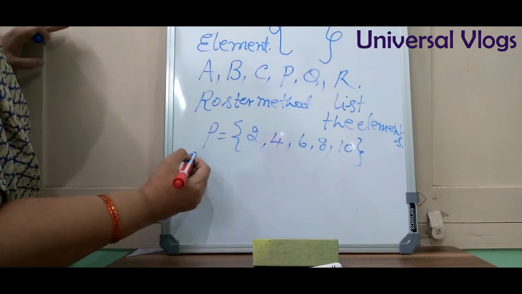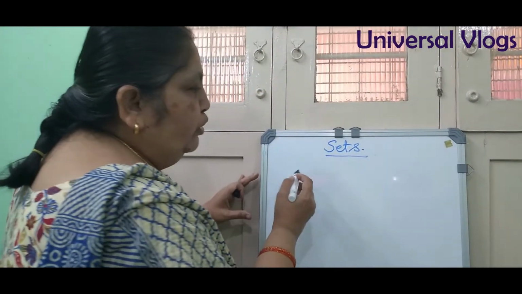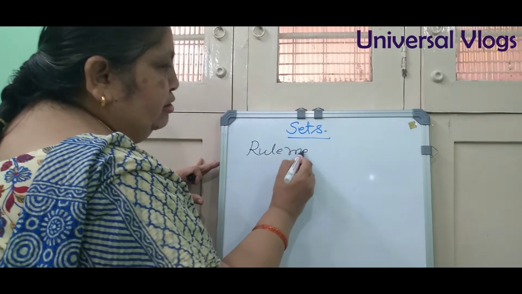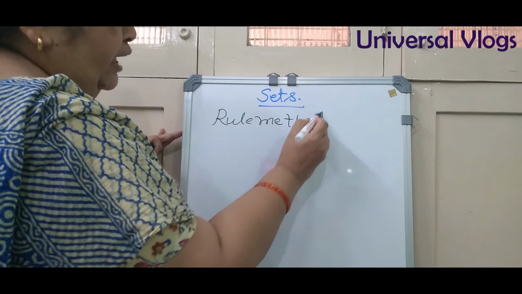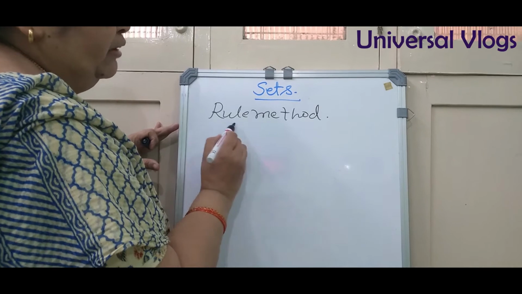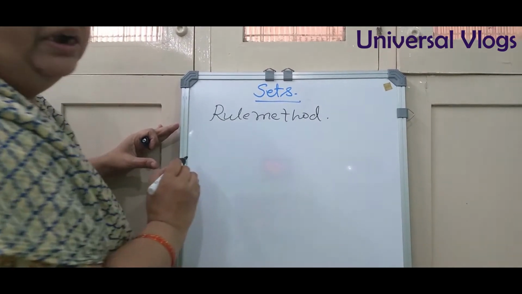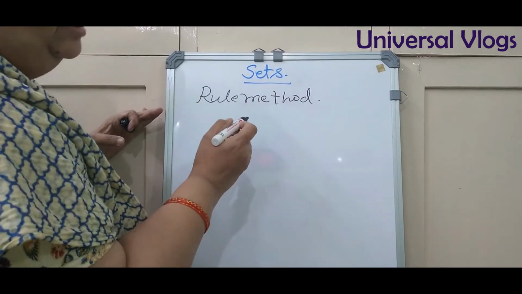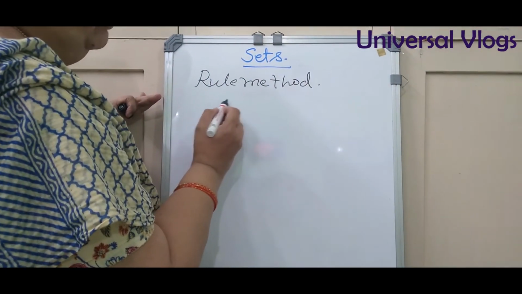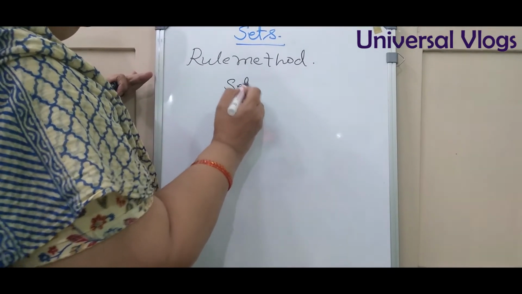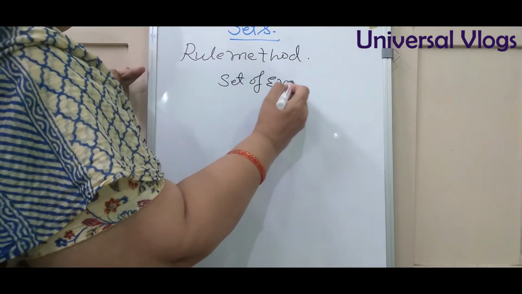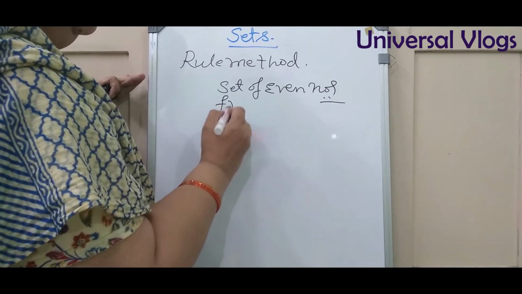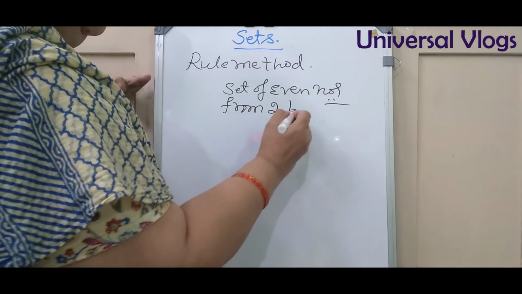Next is the rule method. In the rule method, we describe the particular set. In the previous example, I showed you the set of even numbers from 2 to 10.